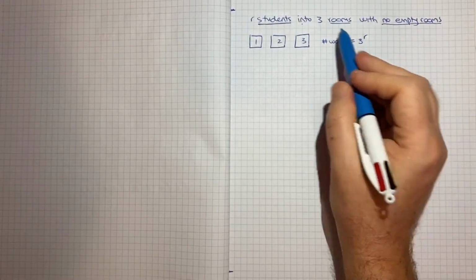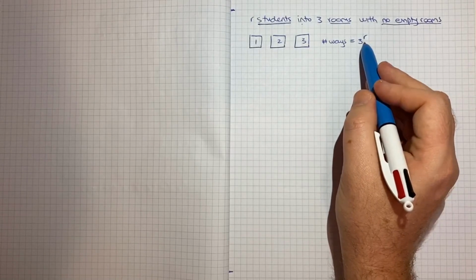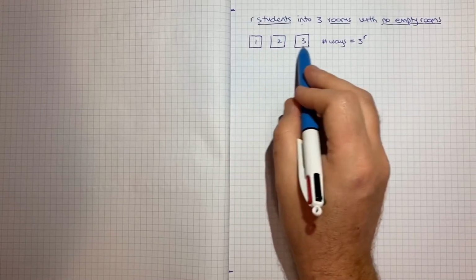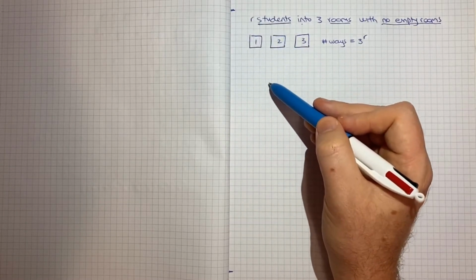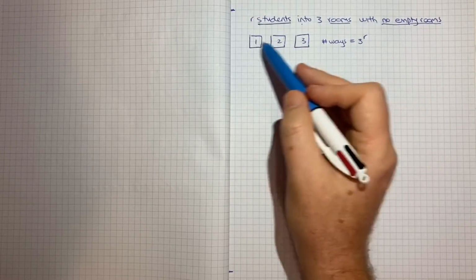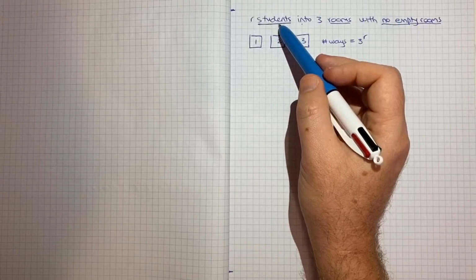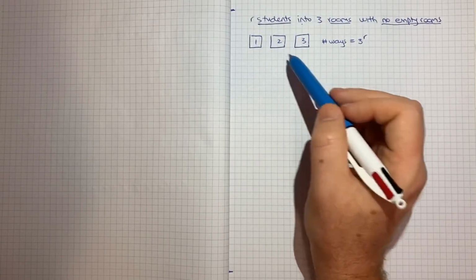Or in other words, the number of rooms to the power of the number of students. And to help explain why that's true, if I've got no constraint, then I'd essentially just work through one student at a time and place them into one of the rooms at random. So student number 1 could be placed in 3 ways, because I'd just be picking any of the 3 rooms.